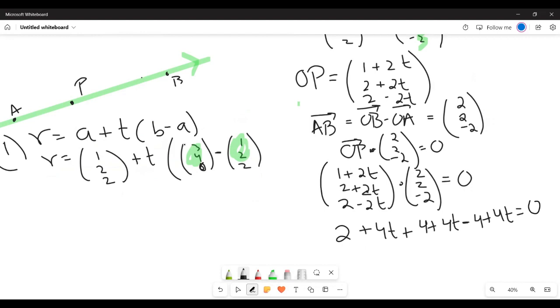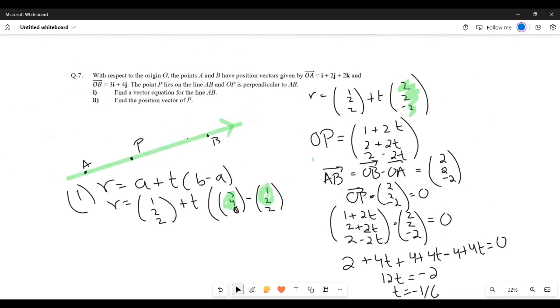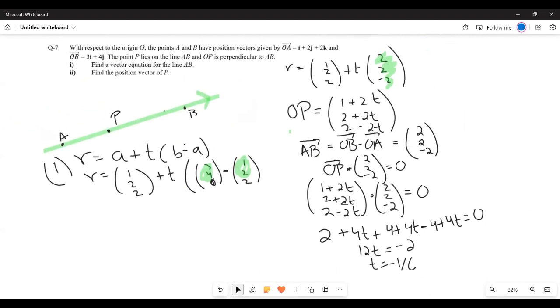So we have 12t equals minus 2 and t equals minus 1 by 6. Let me check if it's correct or not. So it is correct. Okay.